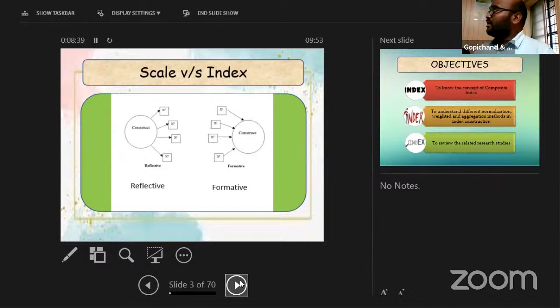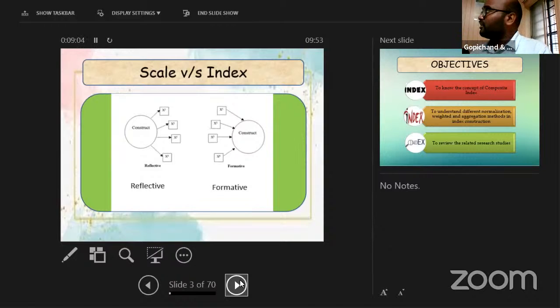Construct means that between the variables, the concept is changed into a measurable form by creating linkage between the variables. That is known as the construct. It is ready to be measurable.